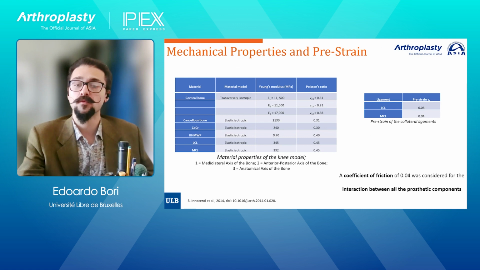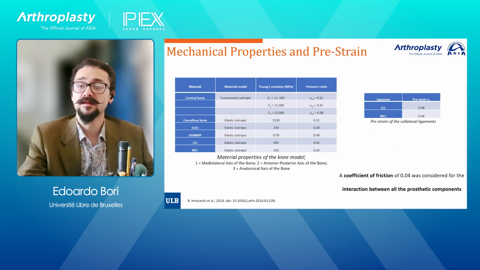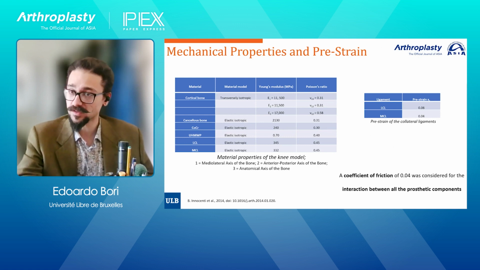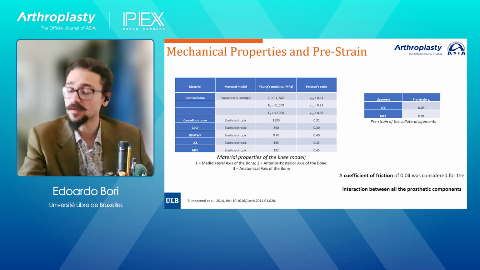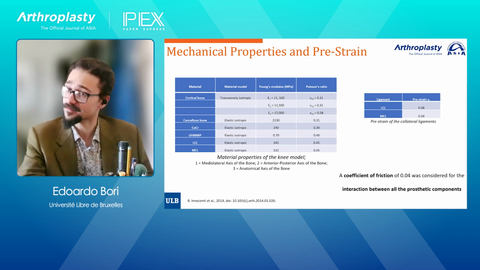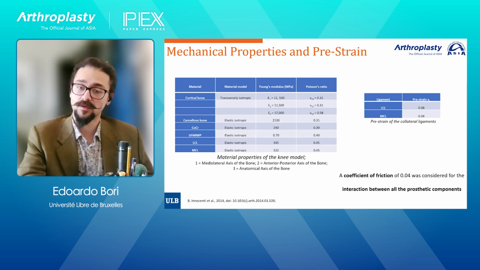As you can see, we also implemented a pre-strain for the collateral ligaments. And among the different prosthetic components, we used a friction coefficient of 0.04 to represent the smooth surface of the insert and the femoral component.